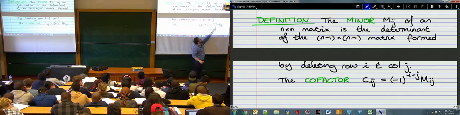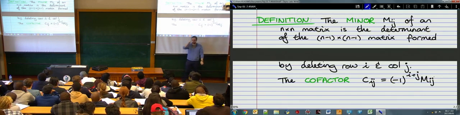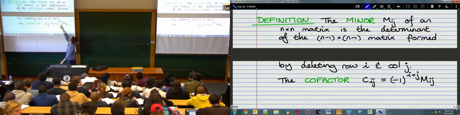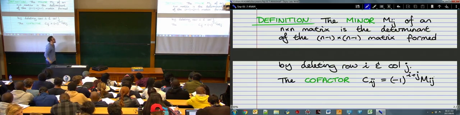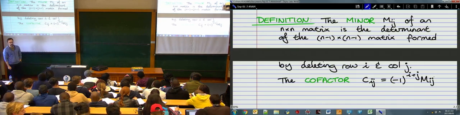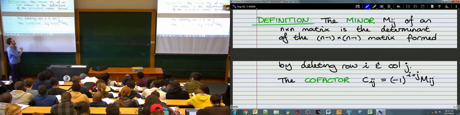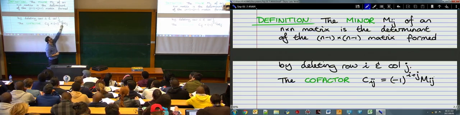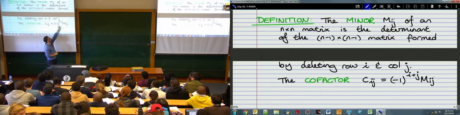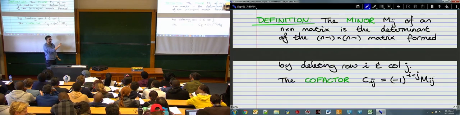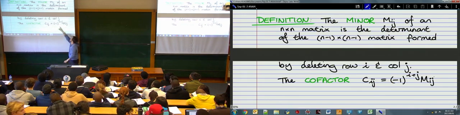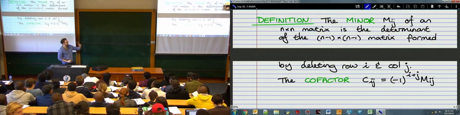You should be able to convince yourselves pretty easily that this is responsible for that plus minus plus minus plus minus pattern that covers the whole matrix, right? The top left entry, i and j are both equal to 1, so you get minus 1 squared, which is just 1. So that's the plus sign. And then as soon as you move to the right, j goes to j plus 1. If you move down, i goes to i plus 1. So as soon as you move either to the right or down, that plus sign changes to a minus sign. As you keep moving either right or down, this alternates between being a positive or negative sign.